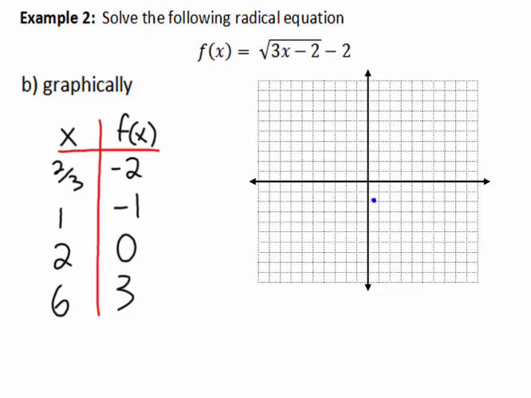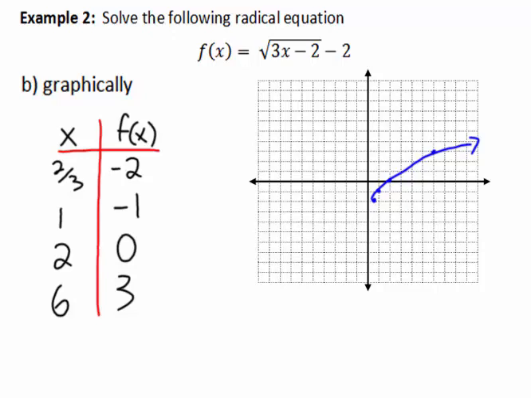There's our first point. And now we just want to choose points that make the math easy. If we put 1 in there, we are going to get negative 1. If we put 2 in there, we'll get 0. If we put 6 in there, we'll get 3. And that'll give us enough points to sketch the radical and get an idea of what it looks like.